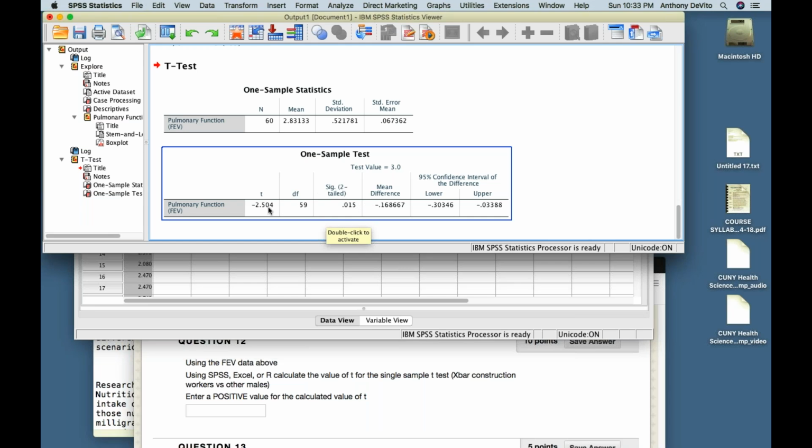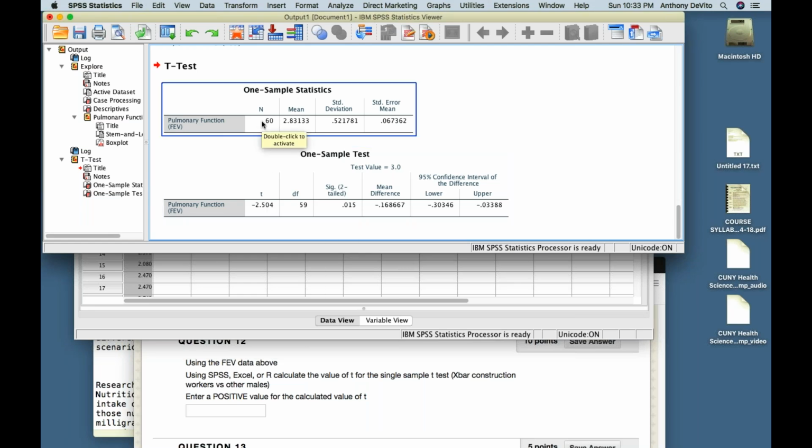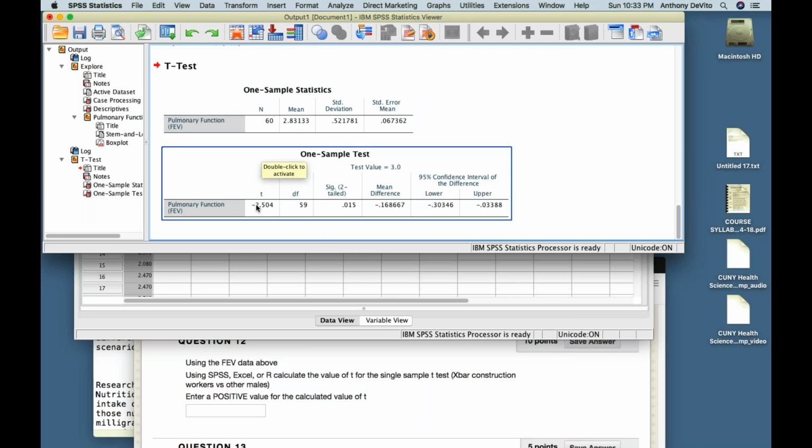Let's think about this. The t-score is 2.5. If you remember, the critical value of t for this sample size was 2.0. So we exceeded 2.0. So just that alone, exceeding the critical value of t, says that we can reject our null hypothesis and accept our alternative hypothesis that the mean FEV for construction workers is different than for all males, right?